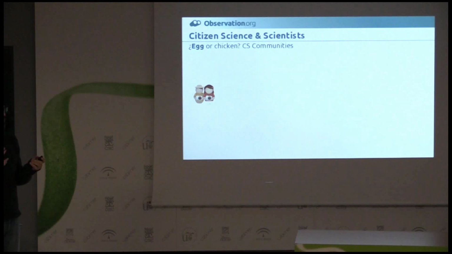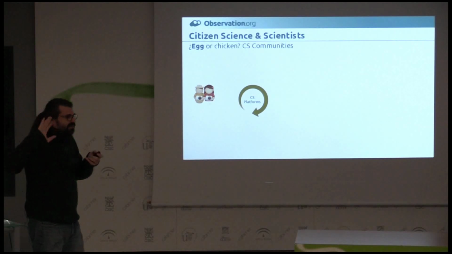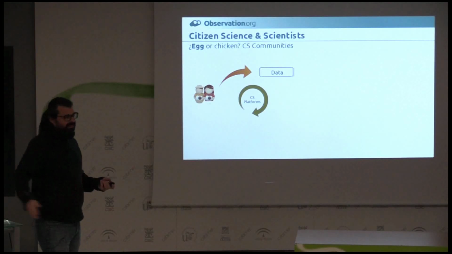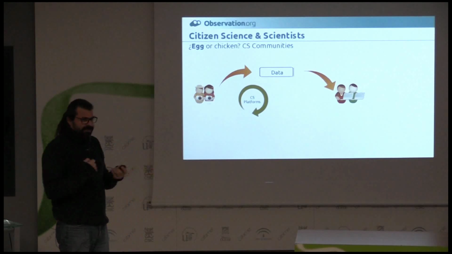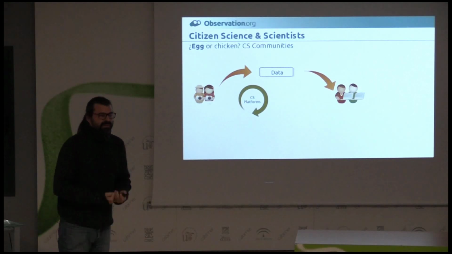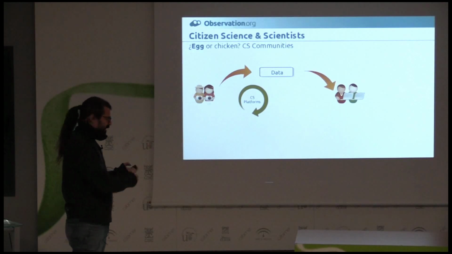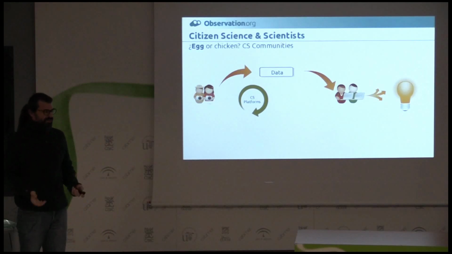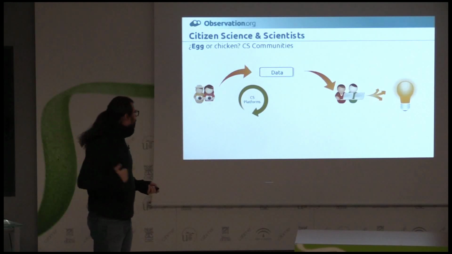If you think of the community as the egg, you have a community that already has its citizen science platform. They are producing data already. There are a lot of people collecting information out there. And you can use the information directly. You don't need to pay anything for it. It's already there. So you can now create new knowledge using the data that some people are collecting for free, just for fun.